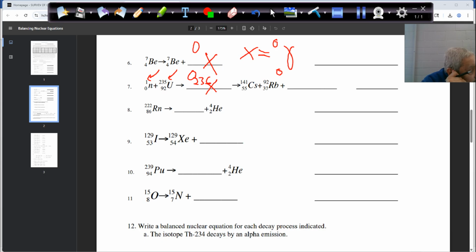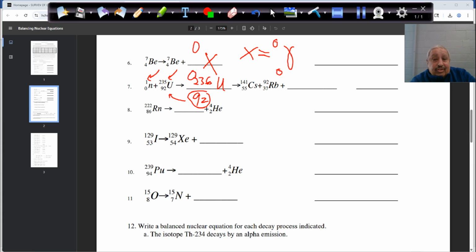The atomic masses have to add themselves up. How about the bottom? How much is it? 92. So we are not producing anything else, the same element. It's just when you are bombarding the uranium with the neutron, you are producing another isotope of uranium, with atomic number 92 and 236.